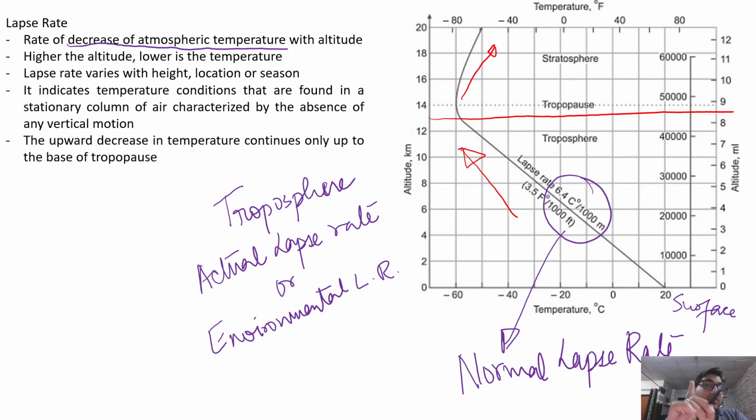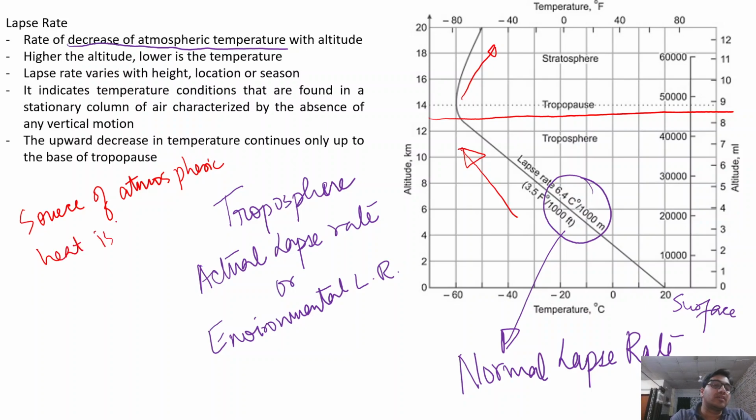So try to understand this point, that the source of atmospheric heat is the terrestrial radiation, and it is proved by the fact that the temperature of the layers of troposphere decreases as we go from the lower layers to the upper layers.